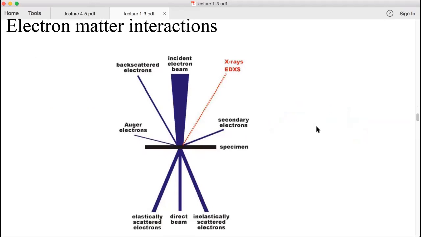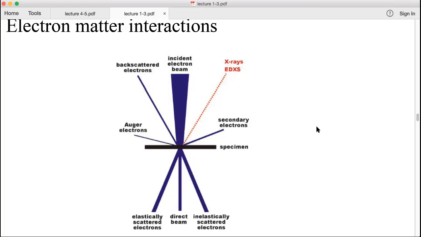A very small portion of these incident electrons can directly go out through the specimen without any interactions. We call that the direct beam. Part of these incident electrons can be elastically scattered inside the specimen.